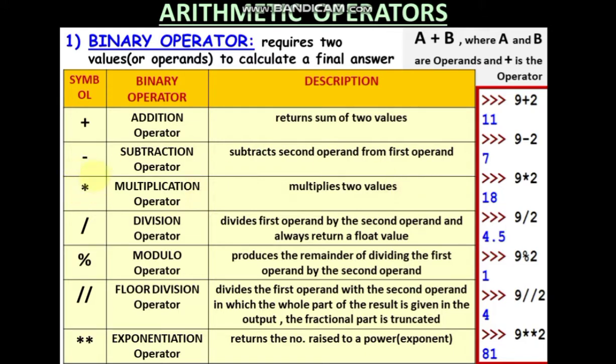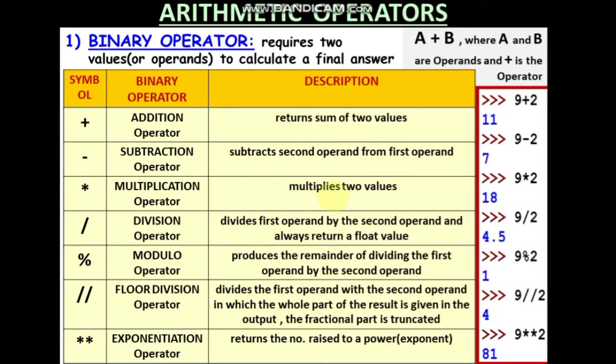Remember, in many programming languages, this asterisk symbol, which you call star, is used as a multiplication operator when we work with different objects and values.